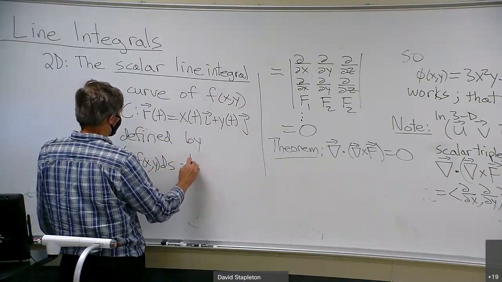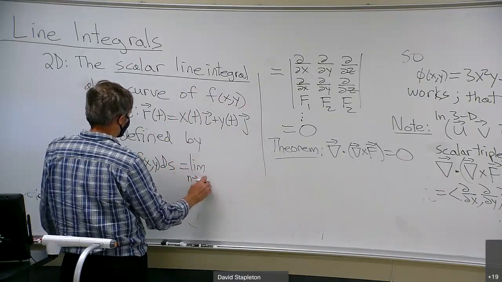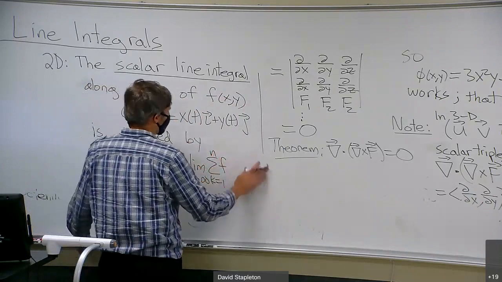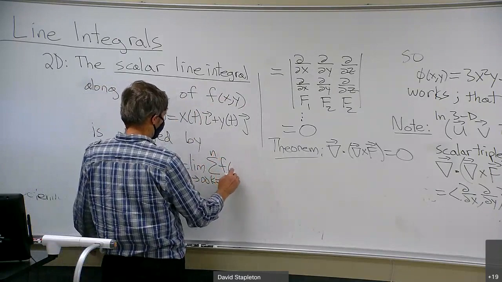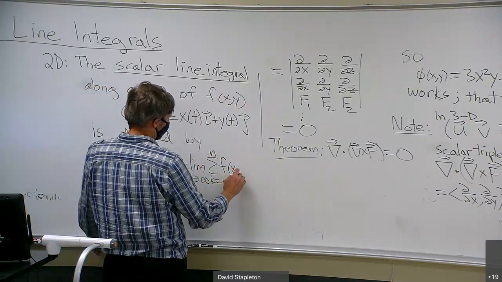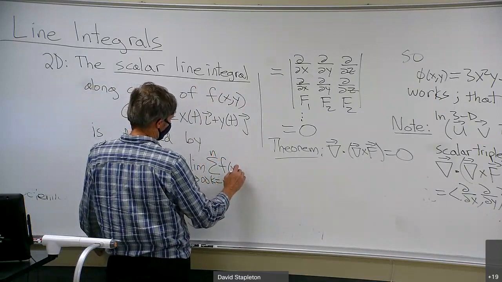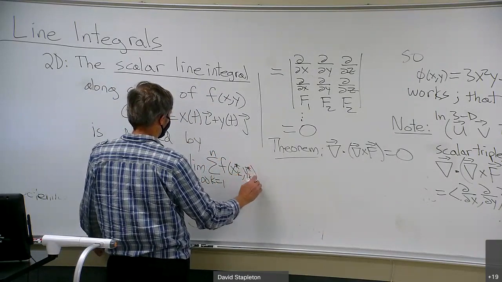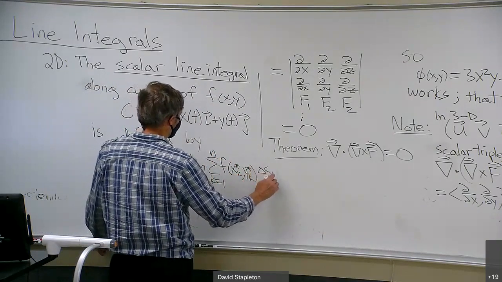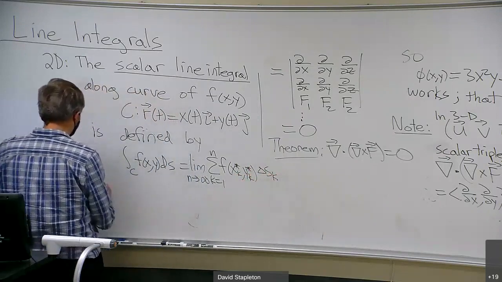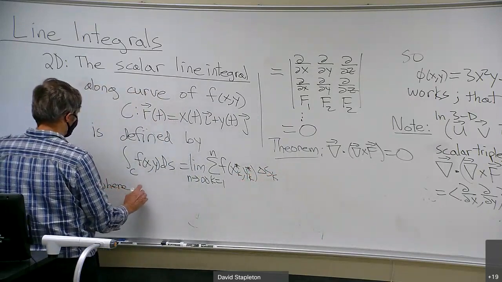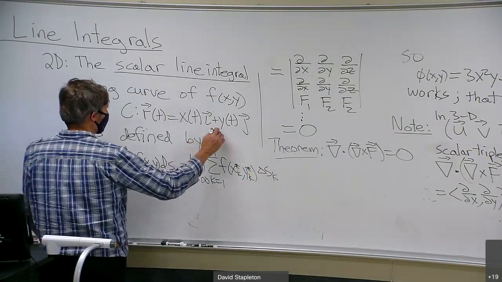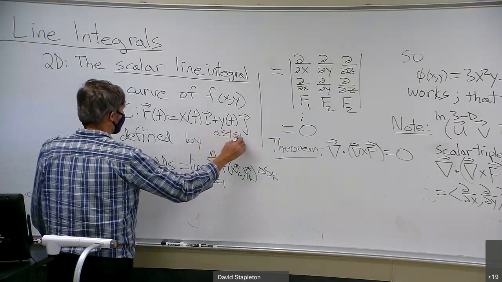It's supposed to be the limit as the number of increments goes to infinity of the sum, k equals 1 to n, of f of xk star, yk star, any point along the kth piece, times delta sk, where t is partitioned. I shall put that up here: a less than or equal to t less than or equal to b.